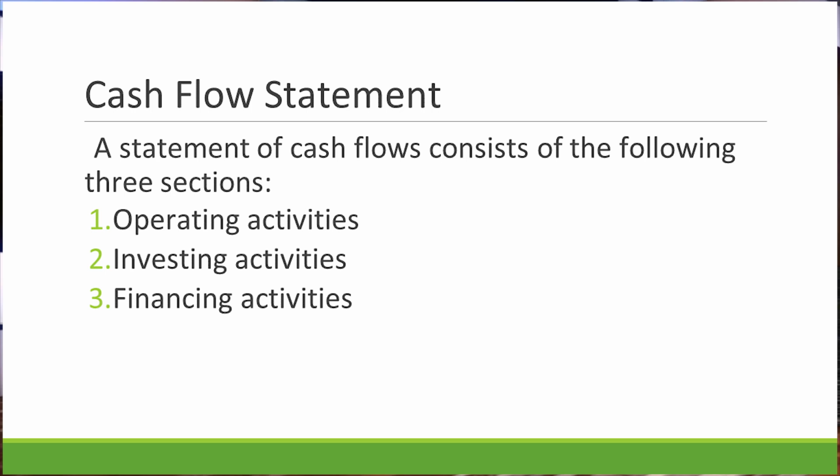Next is the statement of cash flow. The statement of cash flow is an analysis of the cash availability and cash needs of the firm that is reflected in three different sections: operating activities, investing activities, and financing activities.